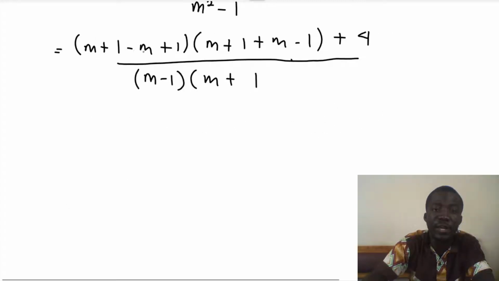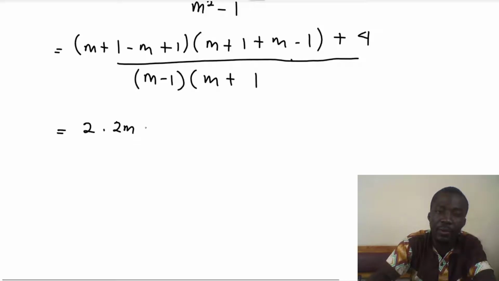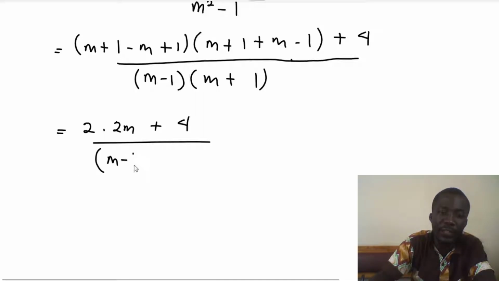So in the first bracket, m minus m cancels, so 1 plus 1, we are going to get 2, and the 1 can cancel negative 1, so m plus m will be 2m, then plus our 4, divided by this expression m minus 1, m plus 1.